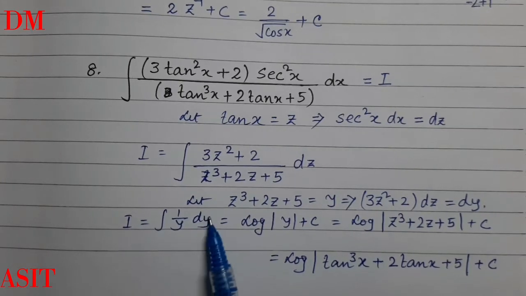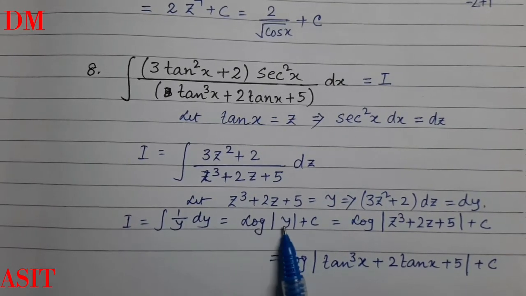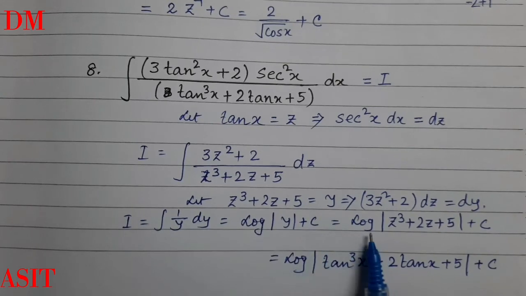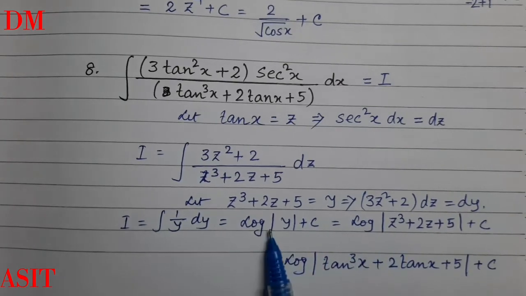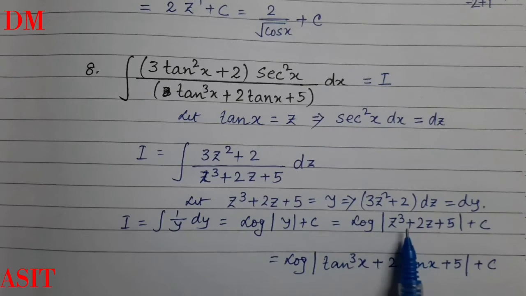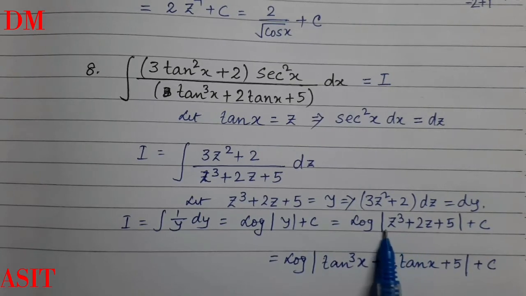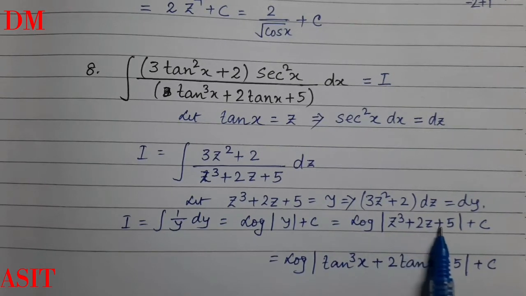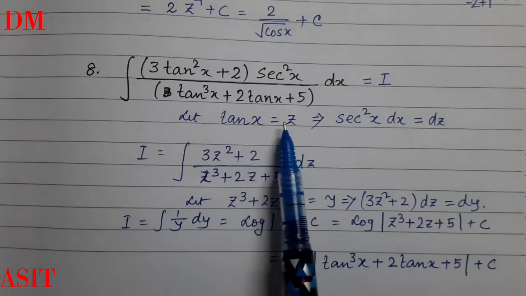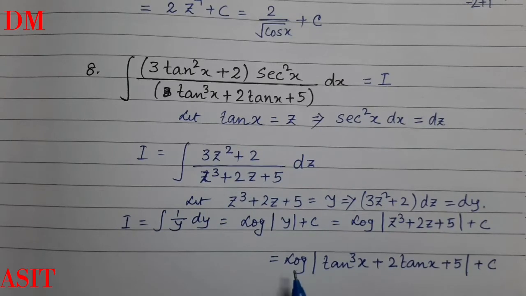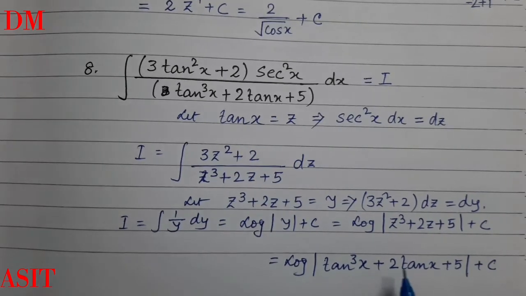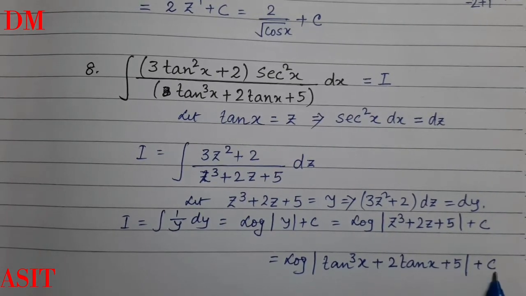Now the integration of 1 by y dy will be log of mod y plus c. Now we have to convert y to z first, so it will be log of mod z cube plus 2z plus 5 plus c. Now z will be converted to tan x, so the answer is log of mod tan cube x plus 2 tan x plus 5 plus c.